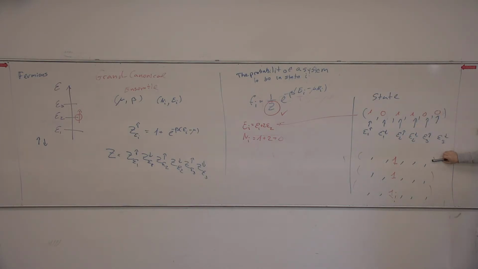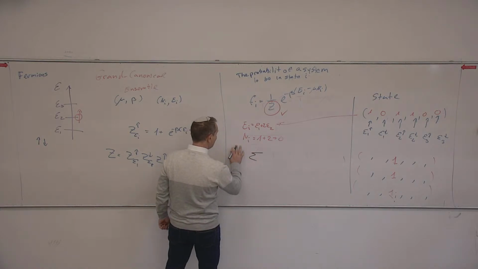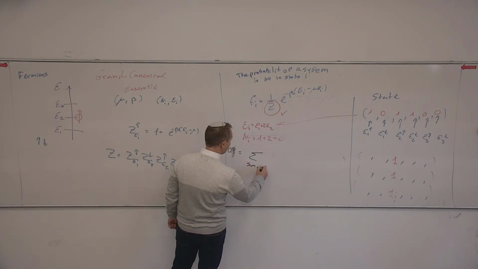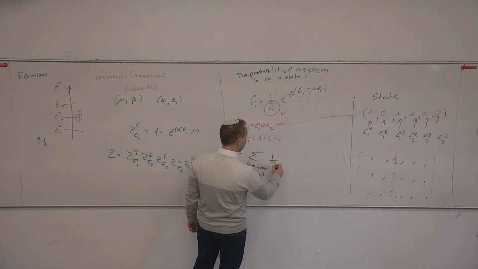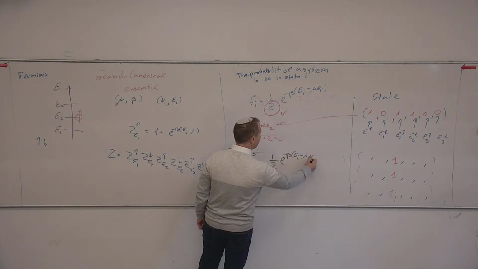This state also contributes to it, and so on. So the occupation probability equals the sum over all relevant i of 1 over Z e to the power minus beta epsilon i minus mu n i.